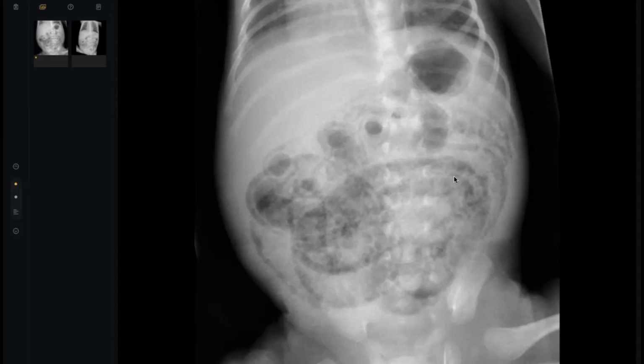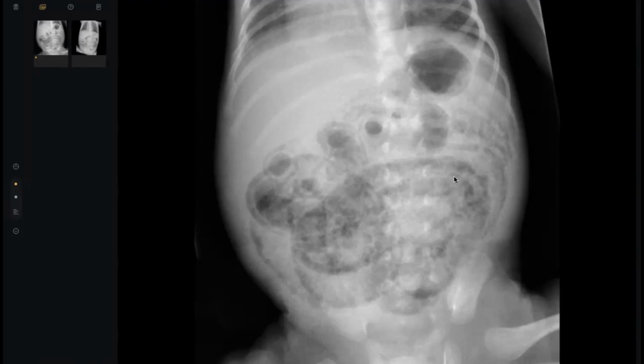The stomach bubble appears normal. I cannot appreciate any free air under the bilateral hemidiaphragm. So I am thinking of pneumatosis intestinalis, and there is also a small bowel obstruction.